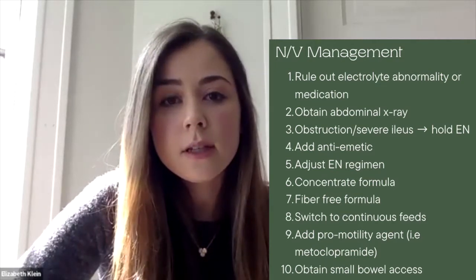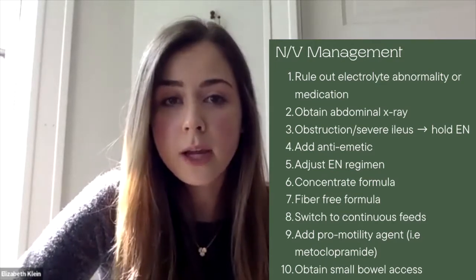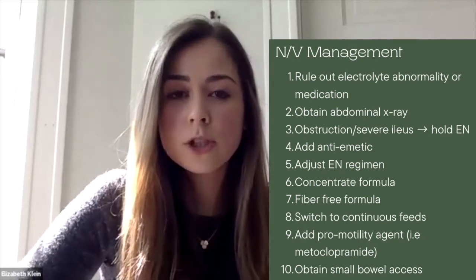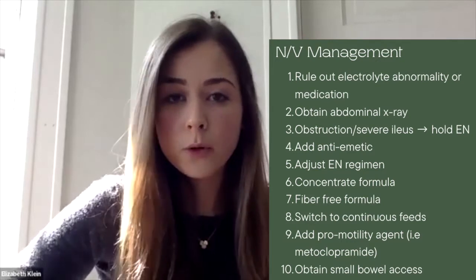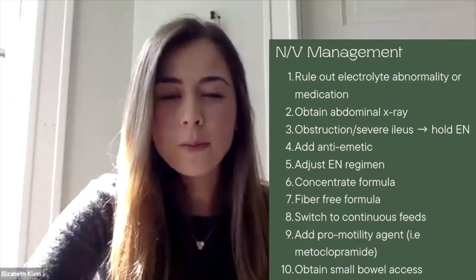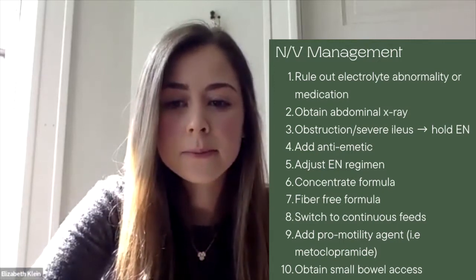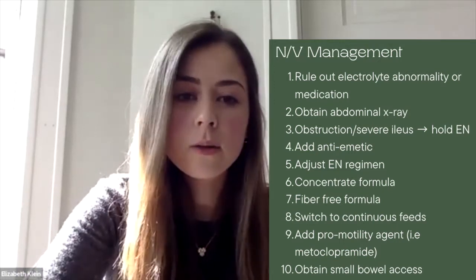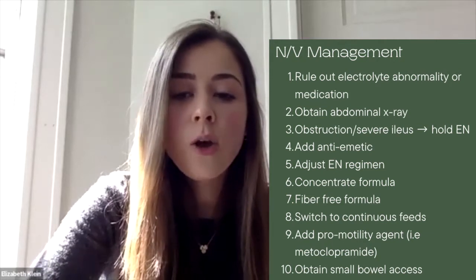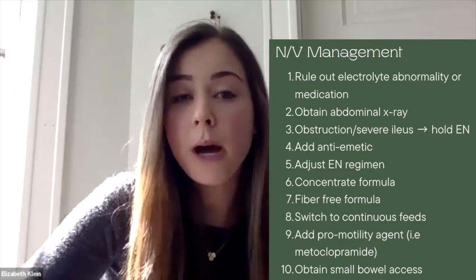Then we could see if their doctor is okay with adding a pro-motility agent like metoclopramide, which just helps promote gut motility and will help those tube feeds move through the GI tract. Lastly, one other thing we can try, if the patient's still having nausea, still vomiting, is to obtain small bowel access.